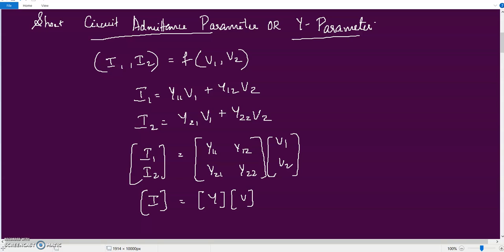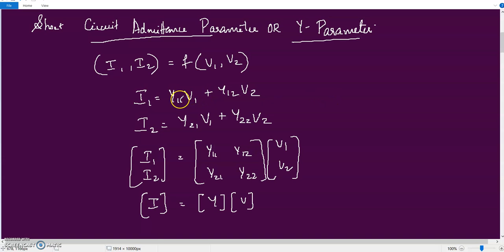Now let's see how we can find the individual Y parameters Y11, Y12, Y21 and Y22. In order to find them individually, we have to make each of these terms 0.